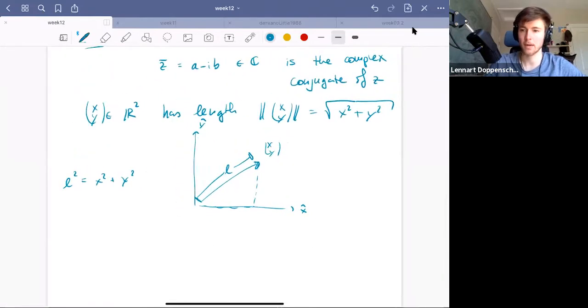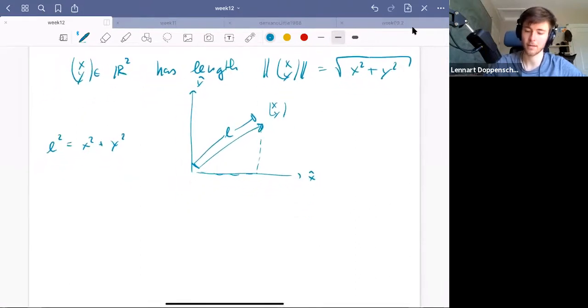It's just clear from Euclidean geometry, from the theorem of Pythagoras, that this is the length of a vector.